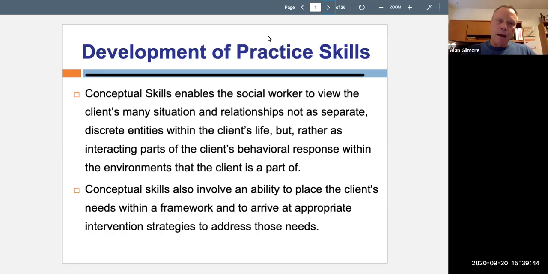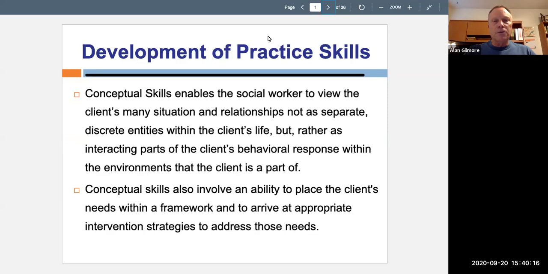So the book talks about conceptual skills. Conceptual skills are skills that enable the social worker to view the client's many situations and relationships not as separate, discrete entities within the client's life, but rather as interacting parts of the client's behavioral response within the environment that the client is a part of. It's fairly common that a client may present with a single presenting issue.